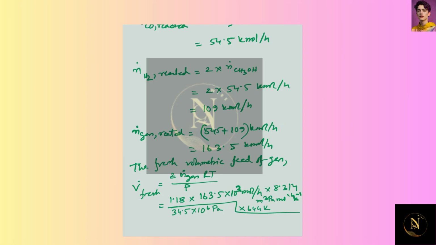Let's convert it to Pascal by multiplying by 10 to the power 6. Therefore, we get the fresh volumetric feed rate of gas as 29.9 meter cube per hour, which as expected is 25% of the originally calculated volume and matches the single pass conversion percentage.